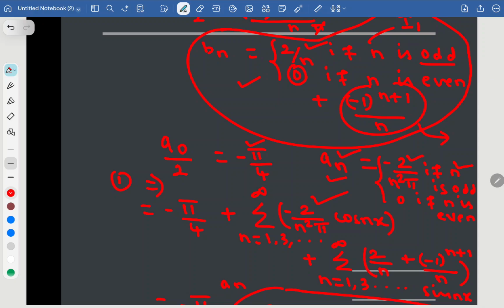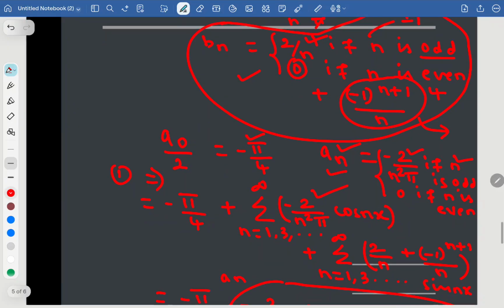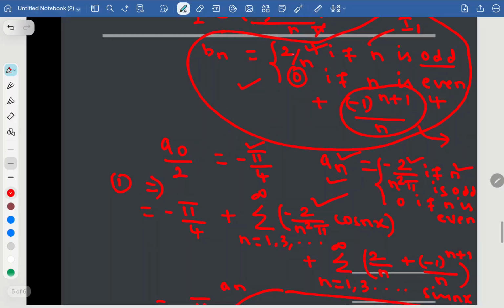For odd case I will combine these two. For even case, if you combine, only this term will be used for applying n equal to 2, 4. Therefore, for odd case, I will add 2 by n with minus 1 power n plus 1 by n. For even case, if you add 0 plus minus 1 power n plus 1 by n, simply minus 1 power n plus 1 by n.